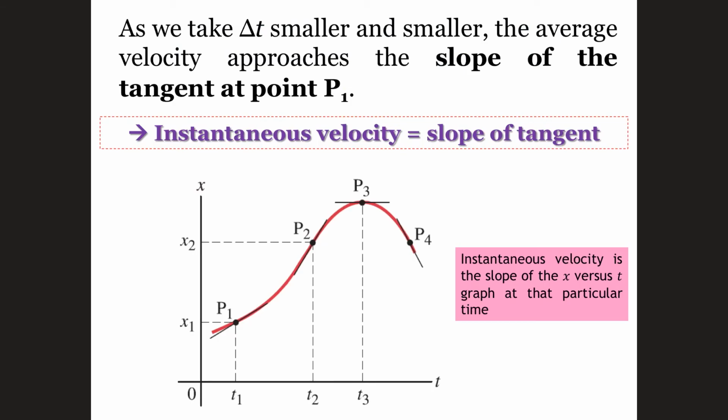As you can see, there's a graph in front of you, and the slope represents the instantaneous velocity. From P1 to P2, the slope at P2 is steeper compared with P1, which means the velocity is increasing.